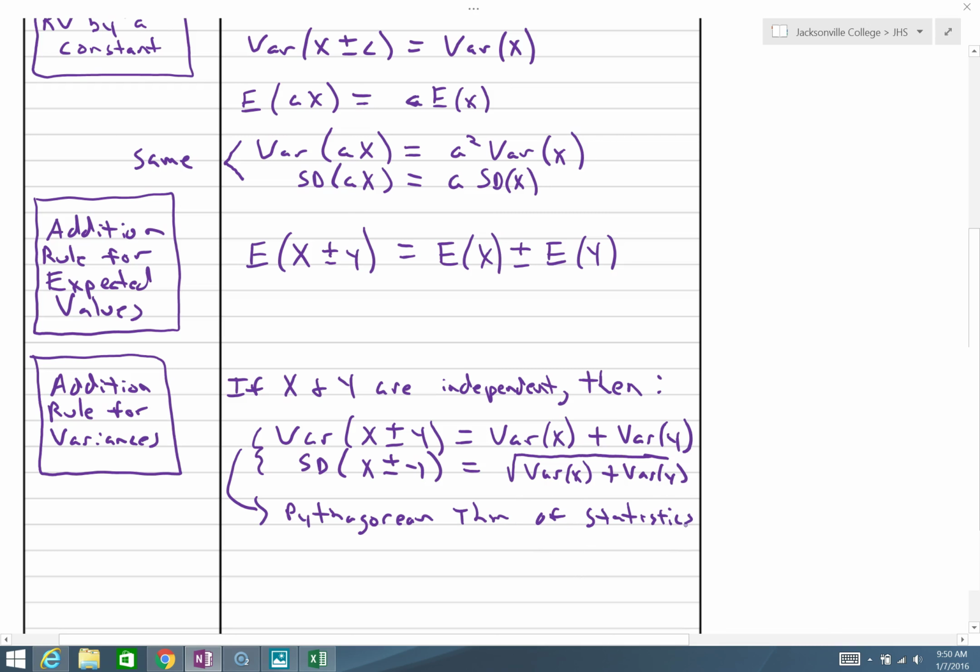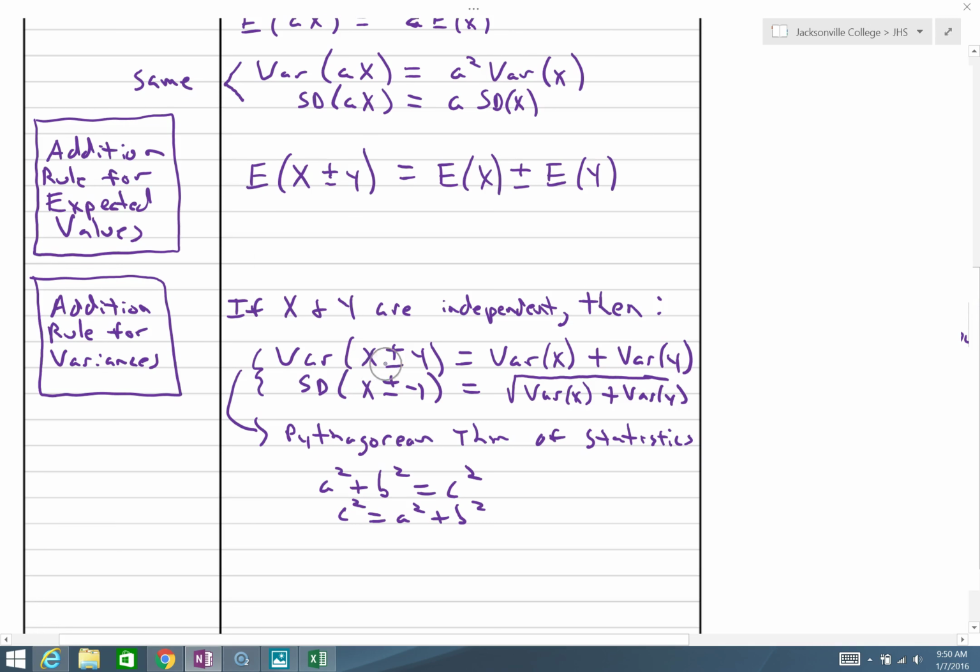And remember what the Pythagorean theorem says. It says a squared plus b squared is equal to c squared. Stated another way, I could say c squared is equal to a squared plus b squared. And that's essentially what this statement is. Remember, variance is a quantity squared.